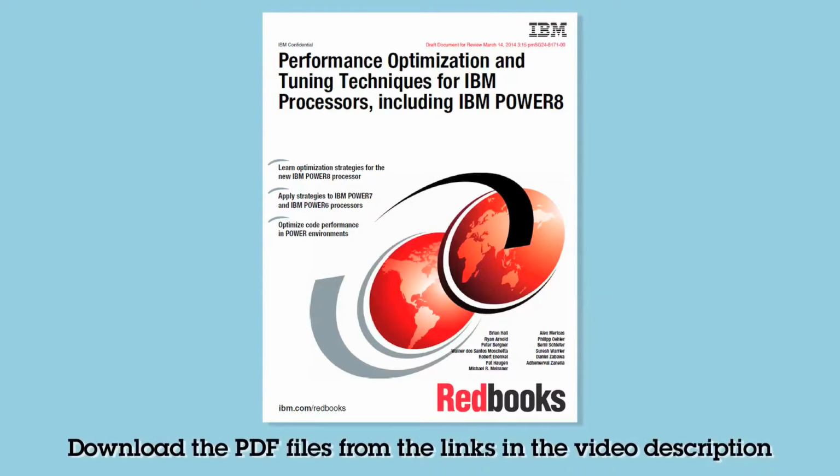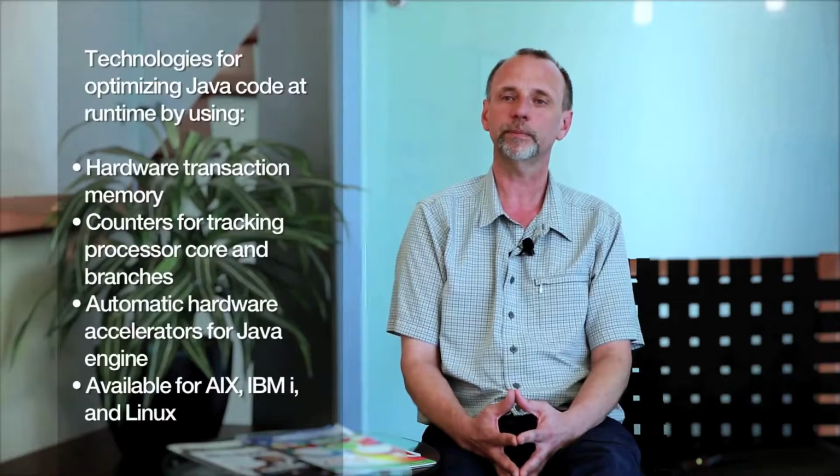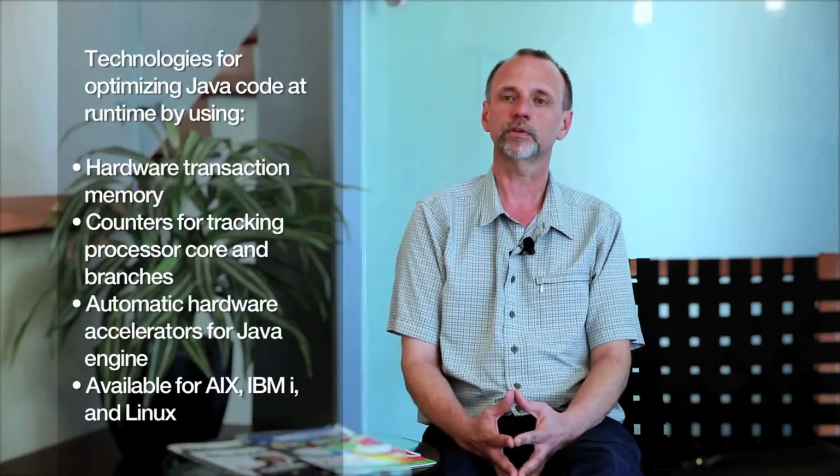And one of the nice things that's coming with Power 8 is we have actually designed into the Power 8 processor some technologies that the Java teams can exploit for optimizing the Java code at runtime. So there's hardware transactional memory, which has been introduced with the Power 8 processors.